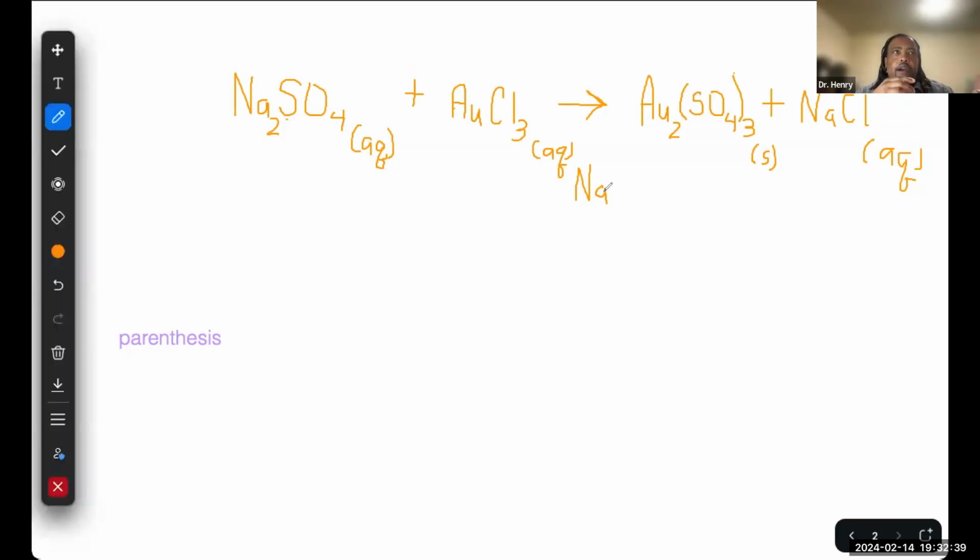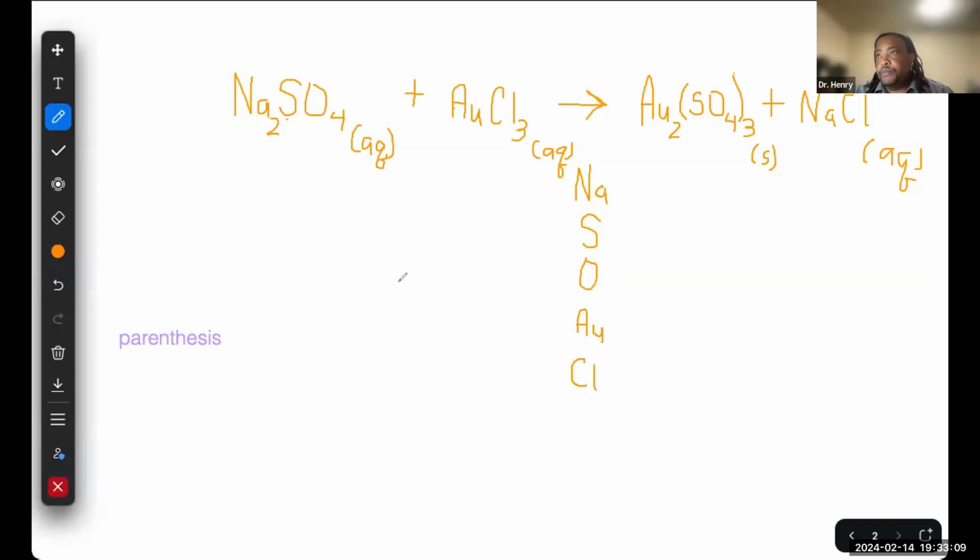And then Harnell, you guys were handed out those during lab. So you want to pull those out so it'll help you with your elements. So we have sodium, we have sulfur, we have oxygen, we have gold, which is AU, and we have chloride.